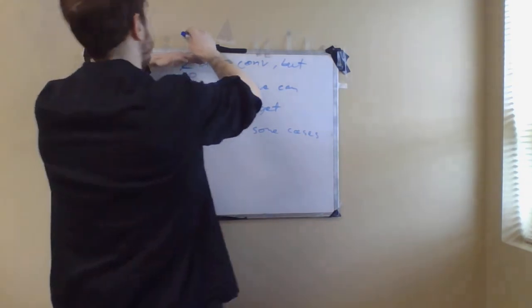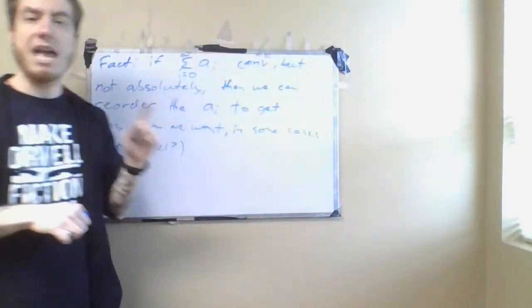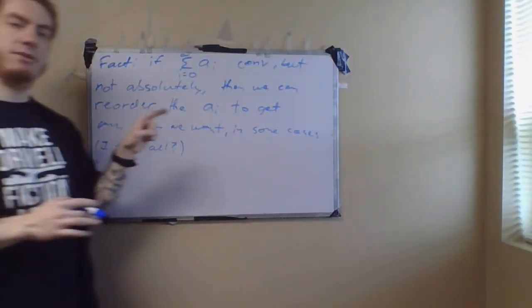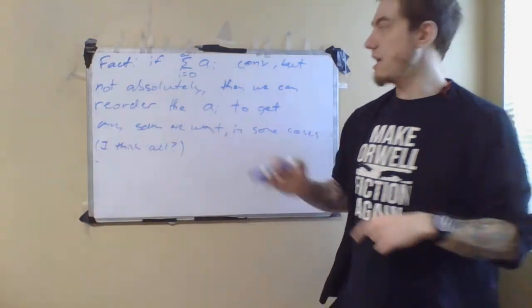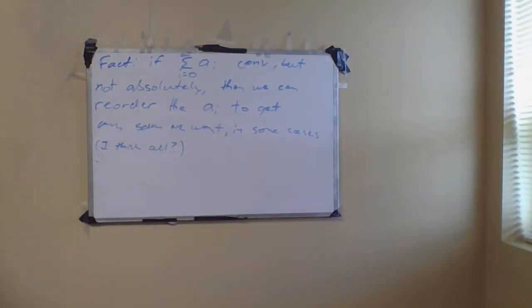And then I go back to positive terms again until adding the second negative number keeps me above that fixed number. And I keep on going like this. And by reordering the terms this way, I end up with potentially a different sum. I can make the sum as large as I want, but still converging.